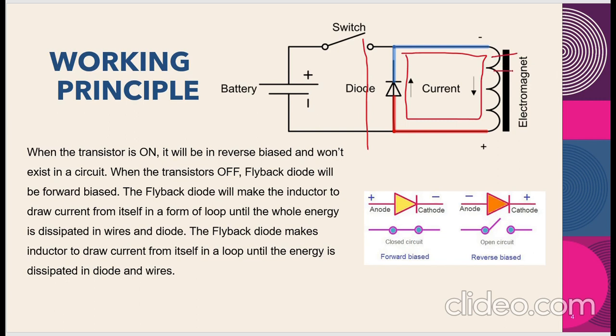You see here, this is the inductor coil, for example of any contactor or any solenoid valve. This current will hold after switching. So what will happen in that condition? This current will flow from here to here. Now this will work as forward bias, you see here.